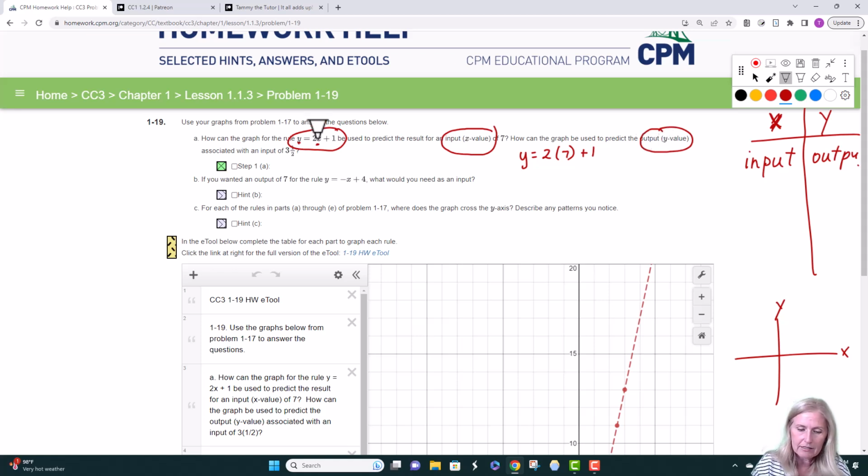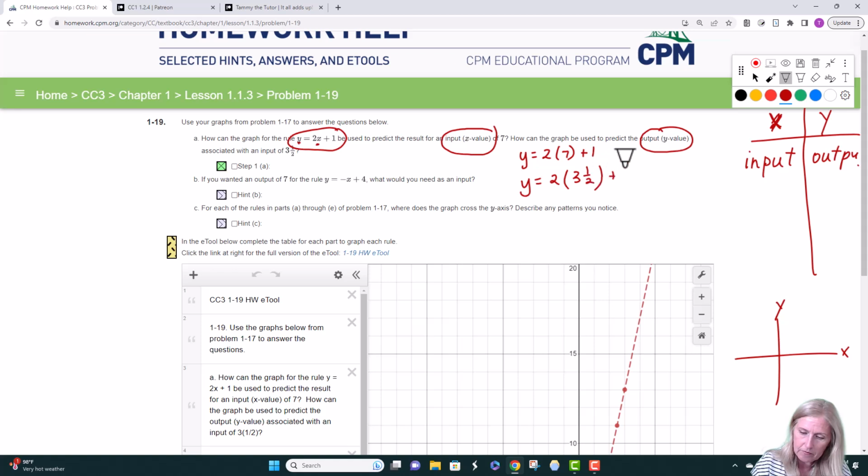I'm going to bring this same equation in, y equals 2x plus 1, but now they want the y value or output associated with an input of 3.5. So we're going to figure out our y, or our output, by using an input, or the x, of 3.5.